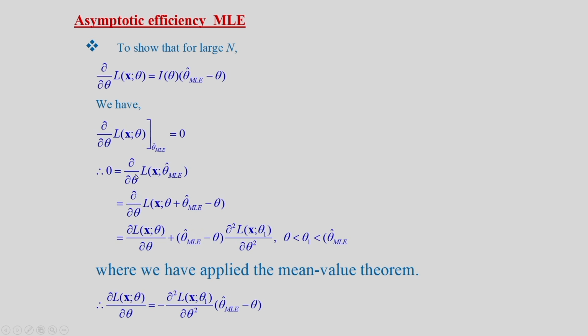So, this quantity del L del theta at theta hat MLE is the same as del L del theta plus (theta hat MLE minus theta) into del 2L del theta square at point theta 1, for some theta 1 lying between theta and theta hat MLE. Now, since the left hand side is 0, if we take it to the other side, we can write del L del theta is equal to minus del 2L del theta square into (theta hat MLE minus theta). So, we got one expression like this.